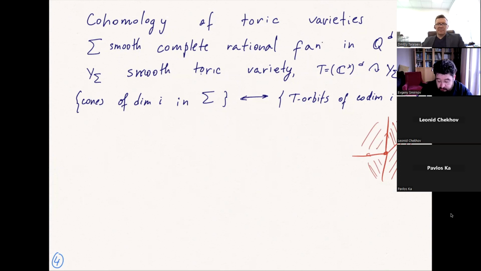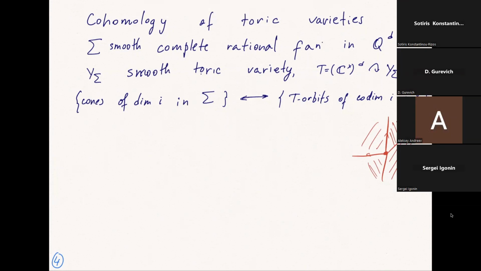Well, the faces of this fan are in bijective correspondence with the T orbits of my variety, and this bijective correspondence inverses inclusions, like inclusions of closures, and inverts dimensions, namely cones of dimension i correspond to T orbits of dimension d minus i.